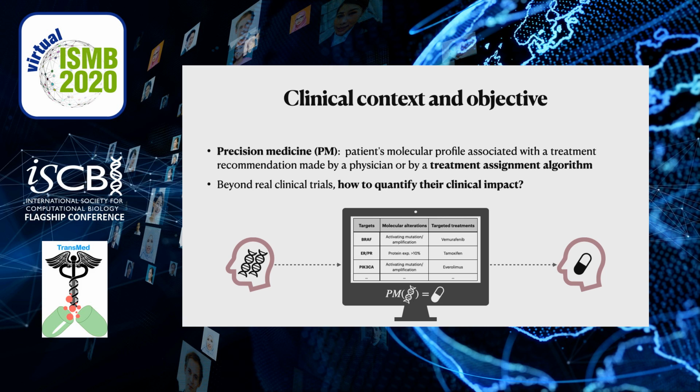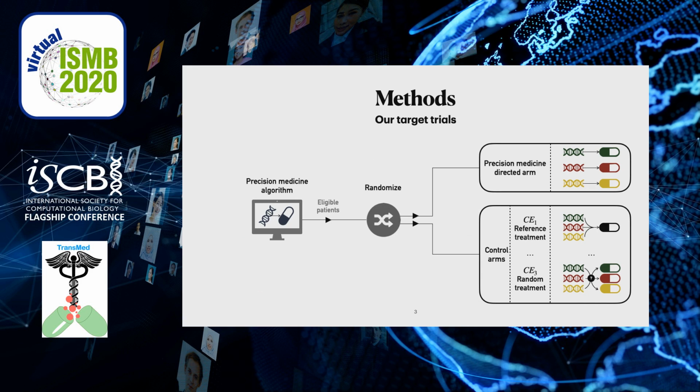That being said, our question is how to quantify the clinical benefit of these precision medicine strategies. One simple way to visualize what we want to evaluate is to represent it in the form of clinical trials, which we call target trials, the one we would like to carry out.